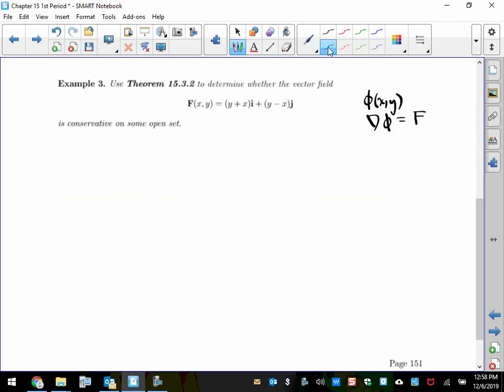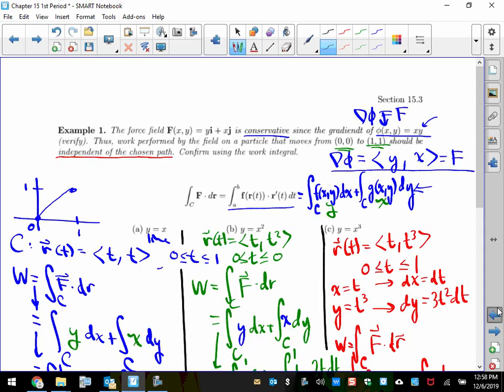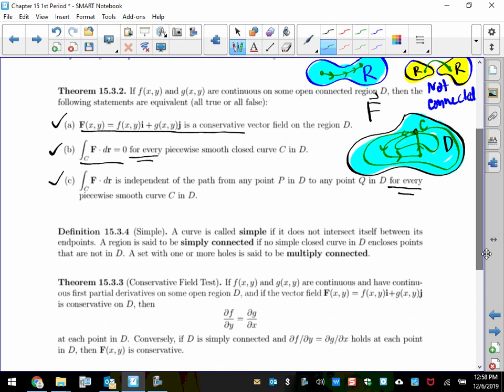I think I maybe meant 15.3.3 on that one, because I can't seem to show that because these for-every statements are hard. For every piecewise smooth curve, it's not possible to show it for every single one, because then we'd have to parameterize every curve that we can possibly think of, and we can't do that.